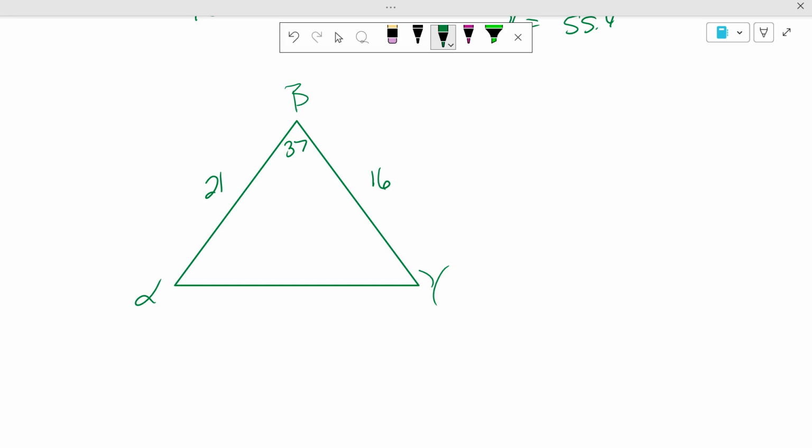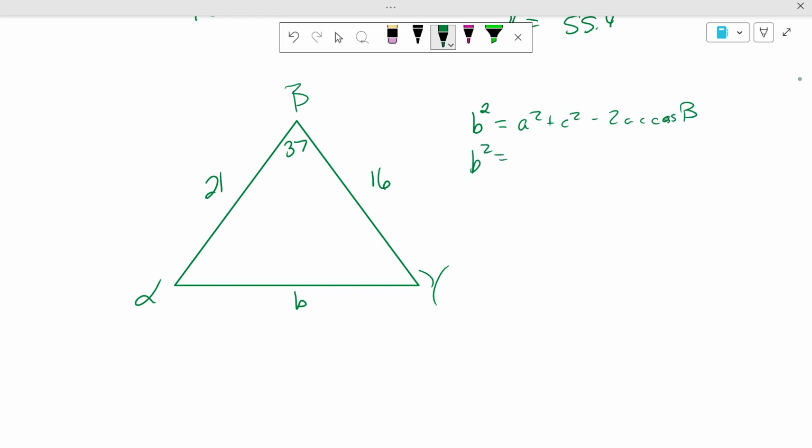The first one, second one, or third one? Second one. Because if I'm given angle beta, then I'm going to use the one where b is alone. B squared, because b is what I'm looking for, equals a squared plus c squared minus 2ac cosine of beta.